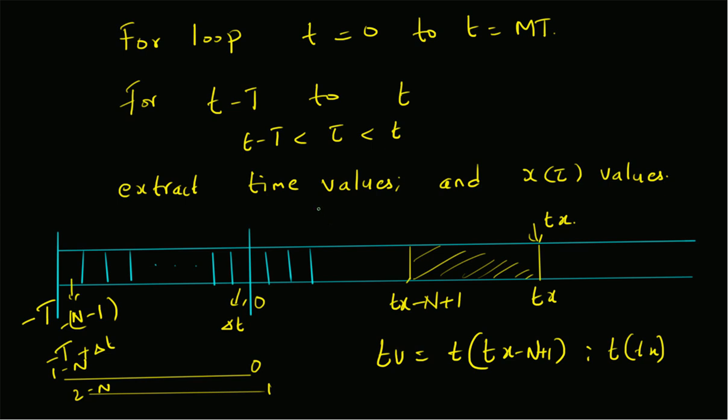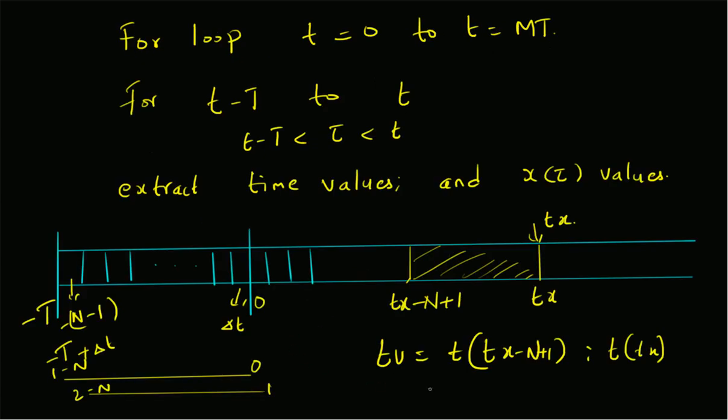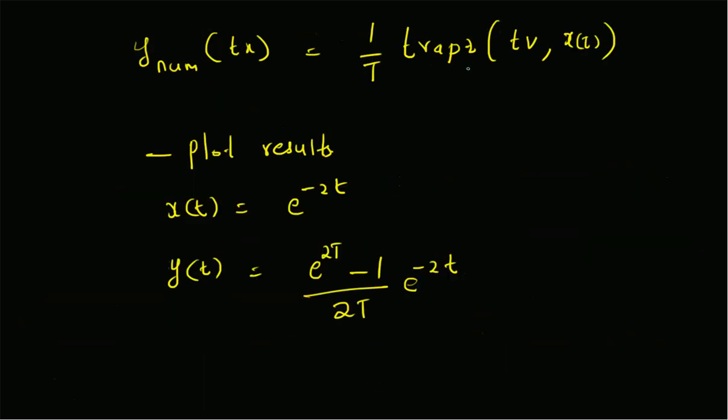So we have to note the values of the time, for example at t equal to 0 we have values from minus T to 0, or actually from 1 minus n to 0 in terms of discrete indices. So we note down the time vector, and then we extract the corresponding signal, and then we do numerical integration by using the trapezoidal formula.